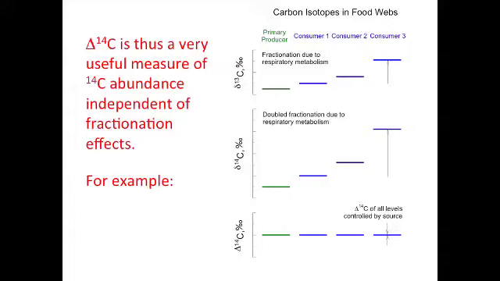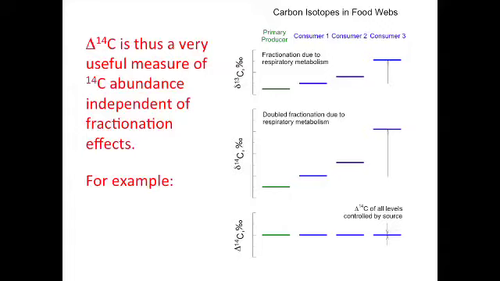The enrichment that we would see for carbon-14, little delta carbon-14, is twice as big. If, on the other hand, we plot big delta carbon-14, it's flat because it's all normalized to minus 25.